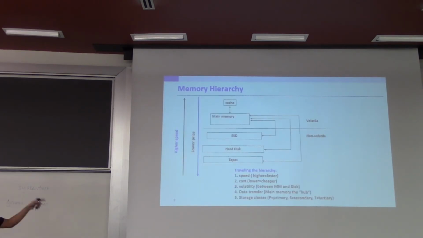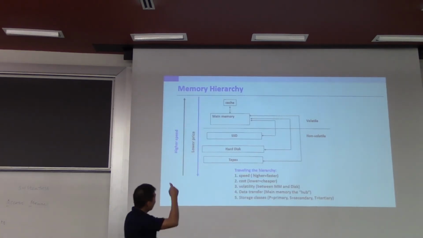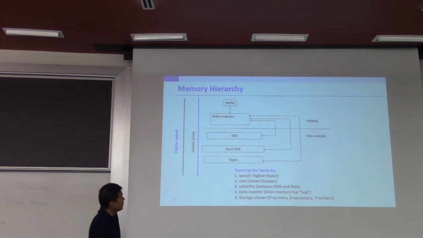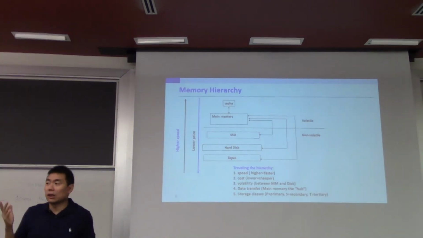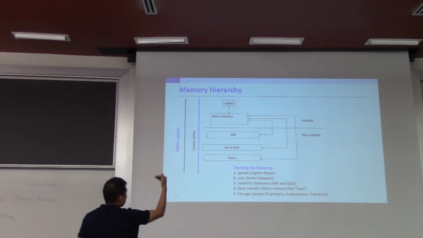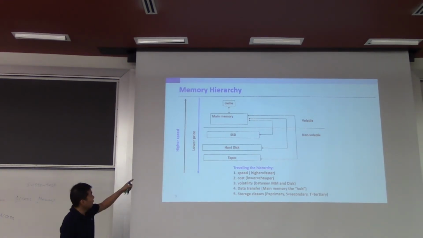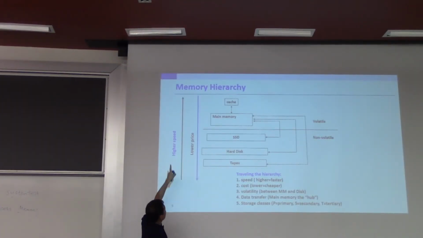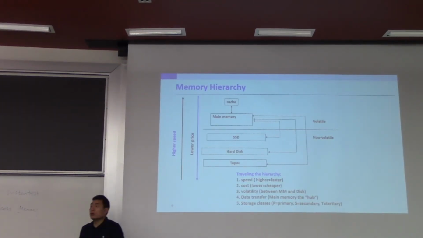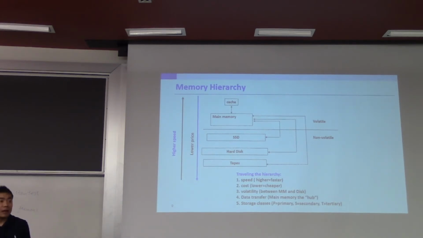Okay? So here is the big picture. You have cache on the top, you have memory, and there's a line over there, meaning that whatever is above that line is volatile. Whatever is below that line is non-volatile. You have SSD, hard drive, and tapes. And if you go in this direction, bottom up, you get higher and higher speed of access.